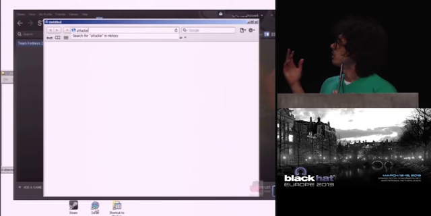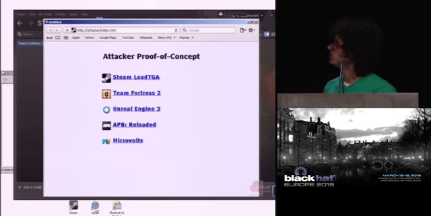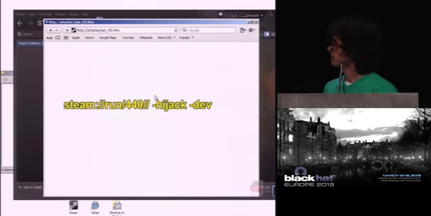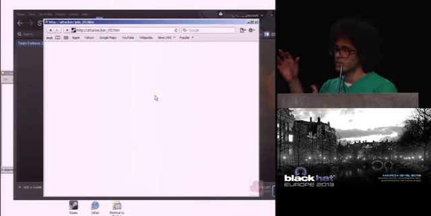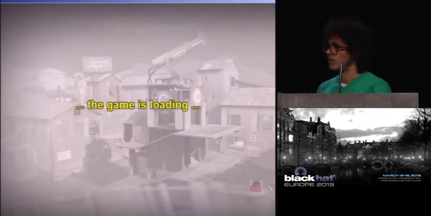Now we go to the attacker website. This is just a simulation of a website. And we select the Team Fortress 2 proof of concept. Here we can see the first command, the first Steam link executed. The game takes some seconds to load.